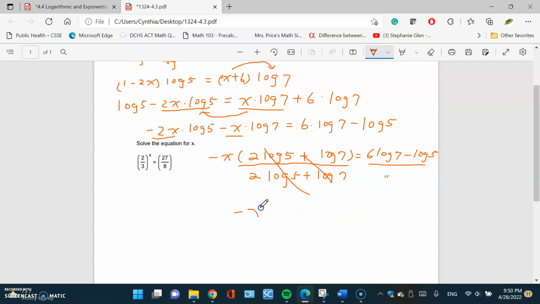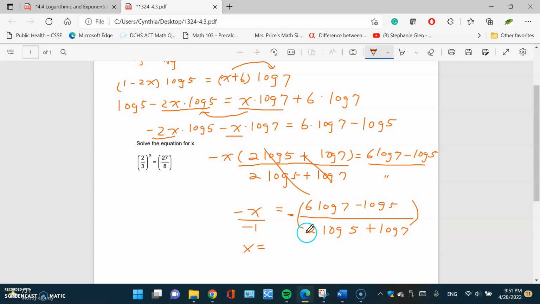Now you have the negative x is equal to 6 log 7 minus log 5 over 2 multiplied by log 5 plus log 7. We are solving for positive x, so we simply divide by negative 1 on both sides, and I simply put a negative 1 in the front to write the solution.